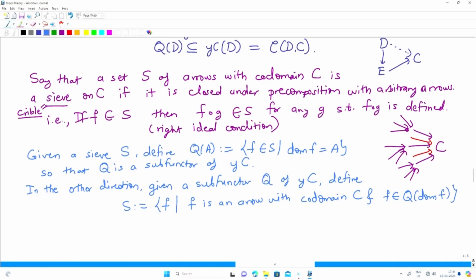This will give me a sieve back, so that S is a sieve. This correspondence is very important.